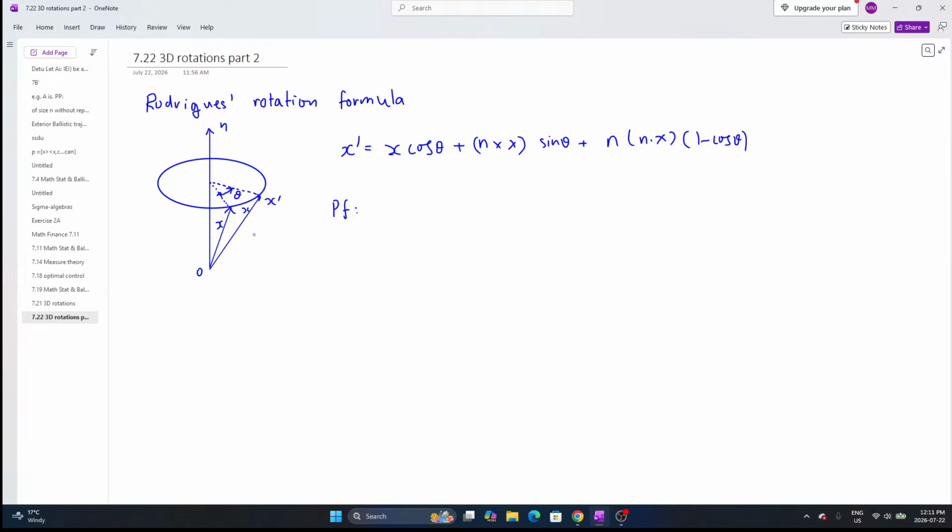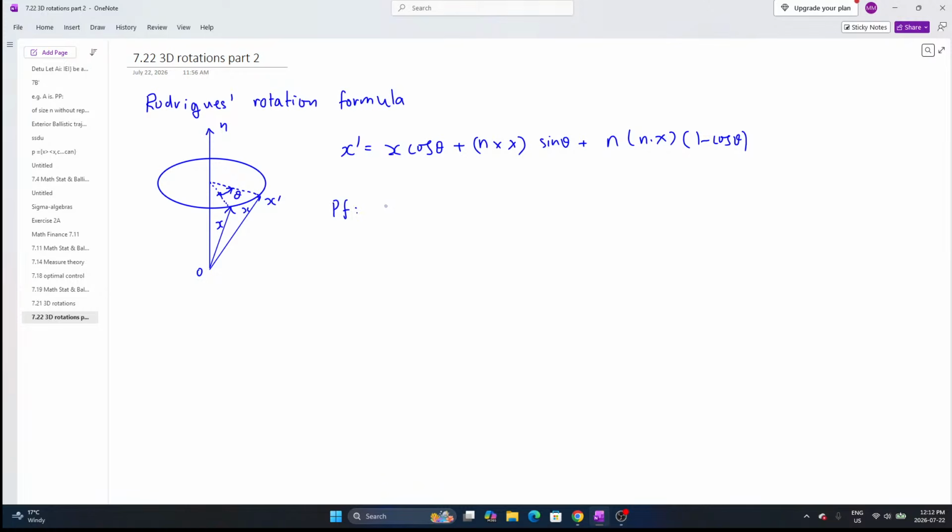And from the diagram, it is clear that it's perhaps a good idea to do a vector decomposition. So if we decompose x into two orthogonal directions, one in the direction of n, one that is perpendicular to n, the x perpendicular gets rotated, whereas x parallel is unchanged.